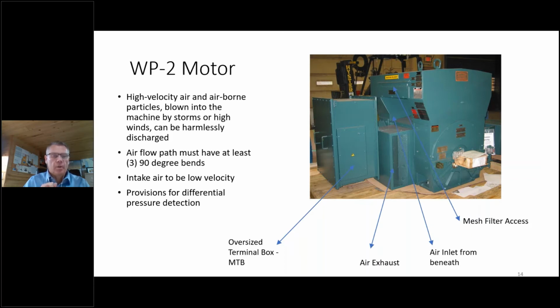The arrows I've put on here show this. On this one you can't see it because of the angle, but there's a mesh underneath the arrow that says air inlet. Air is brought in from underneath and goes through a filtration system.